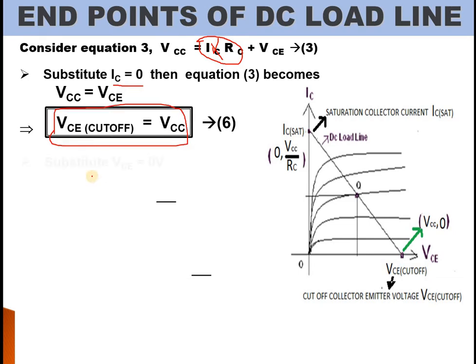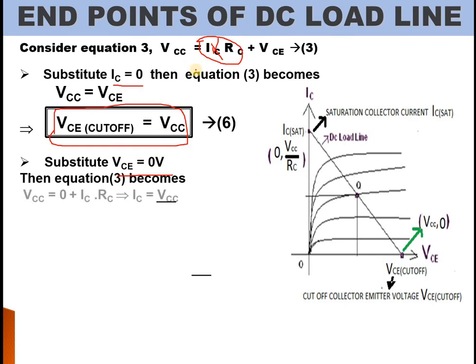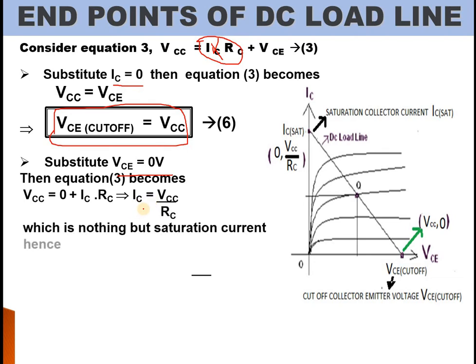Then, second step, I'll substitute VCE is equal to 0. If I substitute VCE is equal to 0, I'll get the equation as VCC is equal to IC RC. If I rearrange this for IC, I'll get IC is equal to VCC by RC.